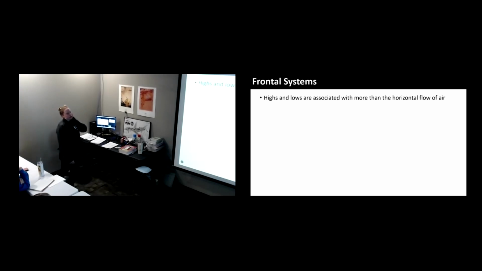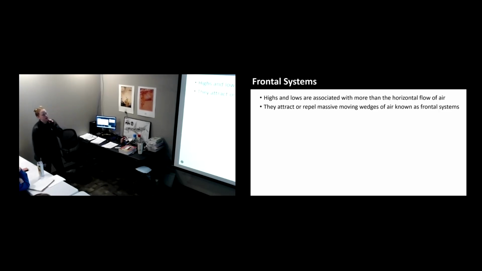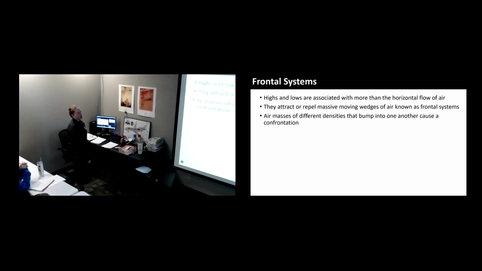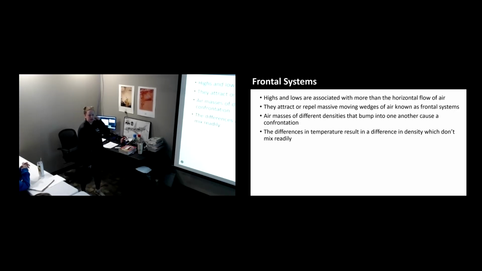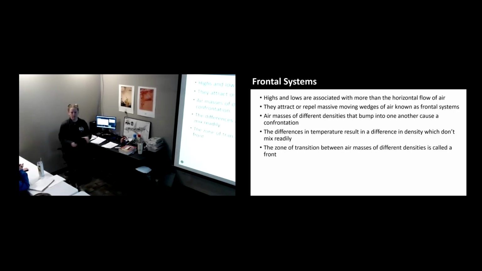Highs and lows are associated with more than just horizontal flow of air. They attract and repel massive moving wedges of air known as the frontal systems. Air masses of different densities that bump into each other cause confrontation. The differences in temperature result in the difference in density, which don't mix readily. So those systems are bumping heads.